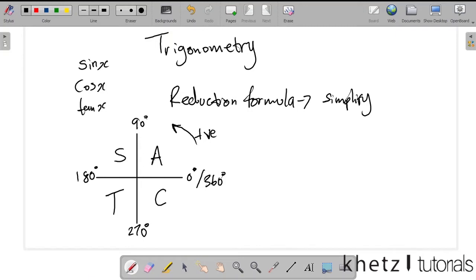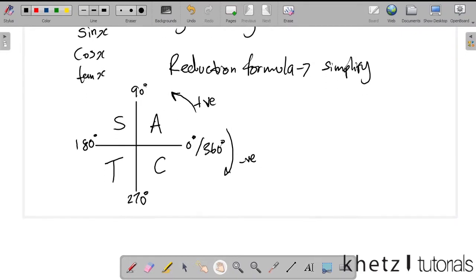So when we talk about, let's say, positive 45, it'd actually be moving from this 0 line and measuring 45 in that direction. So positive 45 would maybe lie somewhere there. So the positive side is the anti-clockwise side, and the negative side is the clockwise side. So that is something to note, and that is something to remember.